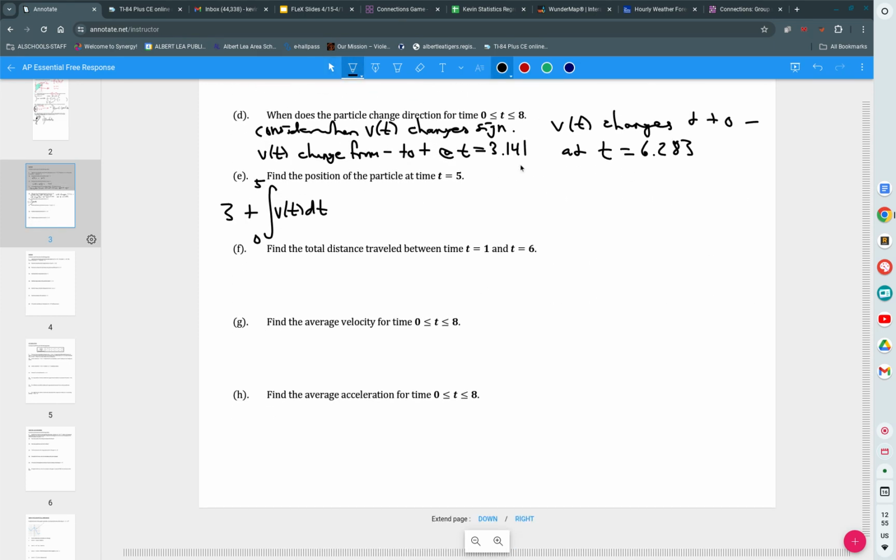And that's what I should see. The starting position, which is 3, plus the displacement of the particle. Know what you got?